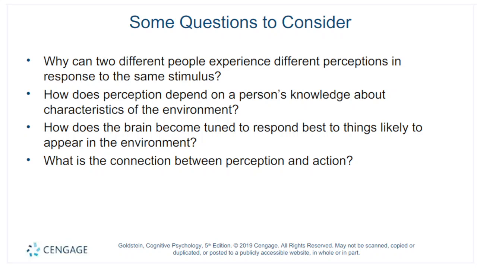The third one, how does the brain become tuned to respond best to things likely to appear in the environment? And lastly, what is the connection between perception and action?